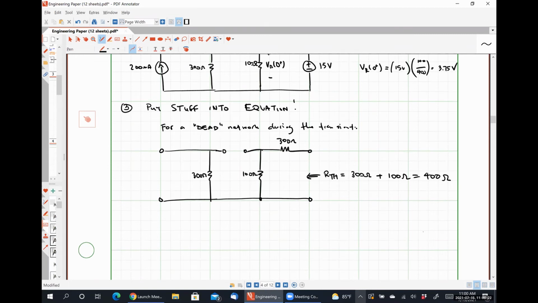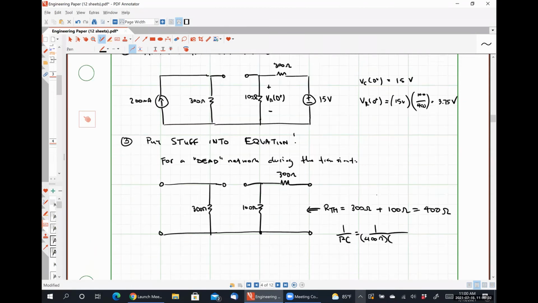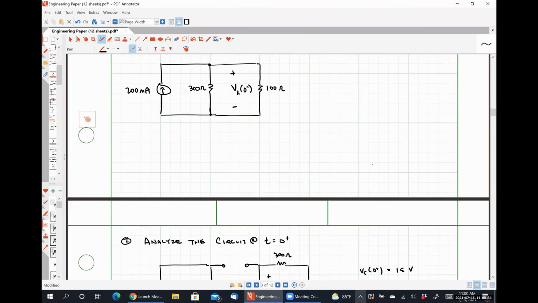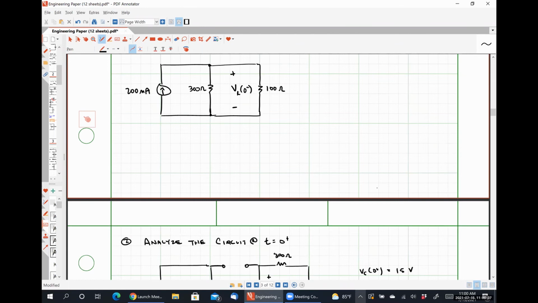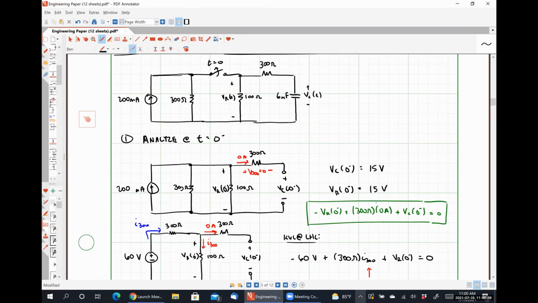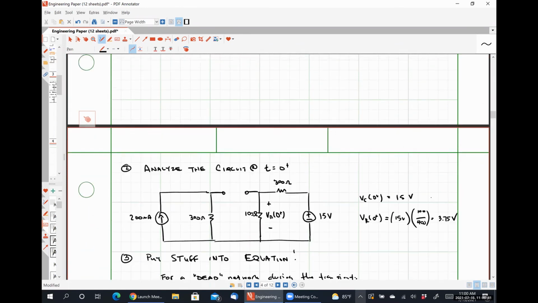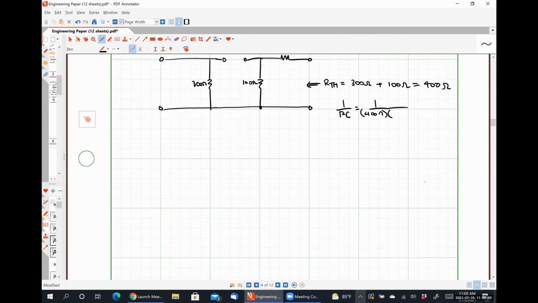So now I'm going to go ahead and calculate 1 divided by RC. So that's going to be 1 over 400 ohms. And then I had 10 millifarad? 6 microfarad, right? Scroll all the way back up here. Yeah, 6 microfarad.